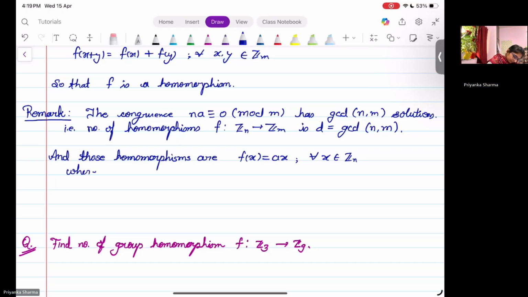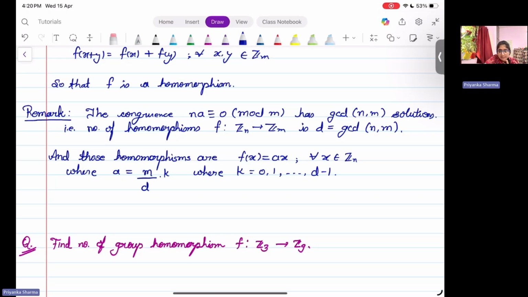where this a... so we will have d values of a. For those, we will have d homomorphisms from Zn to Zm. And what will be the values of a? Values of a will be the order of this codomain group, that is m, divided by the GCD of n and m, into k, where this k varies from 0, 1 up to d minus 1.